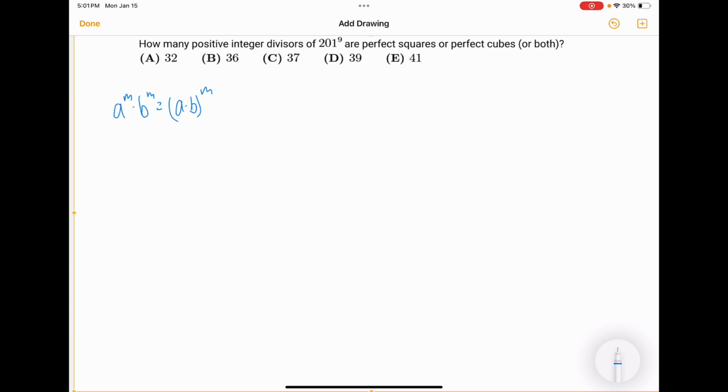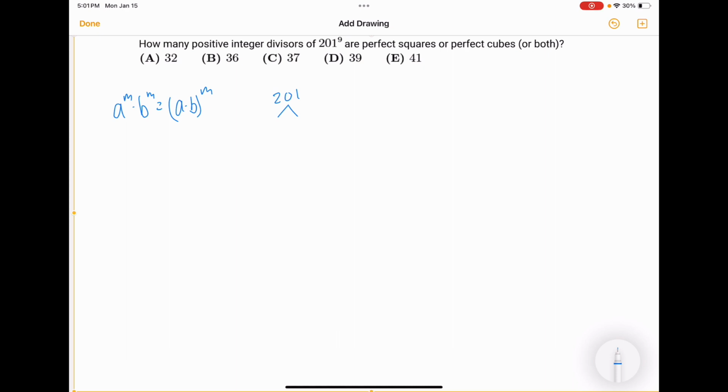So basically, we can first start off by factoring 201. We can already tell that it is not divisible by 2, so let's try 3. And a hack to know whether or not a number is divisible by 3 is adding up the digits and seeing if it is a multiple of 3. So 2 plus 0 plus 1 gives us 3, and 3 is a multiple of 3.